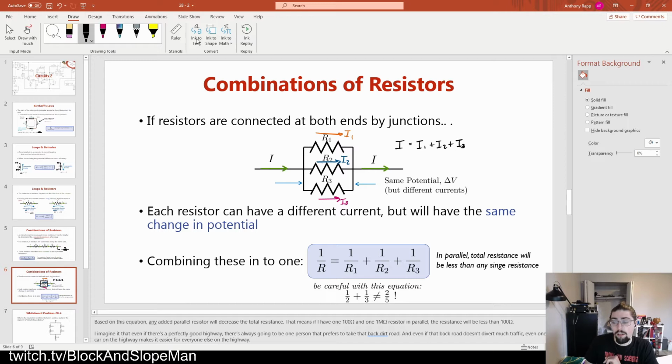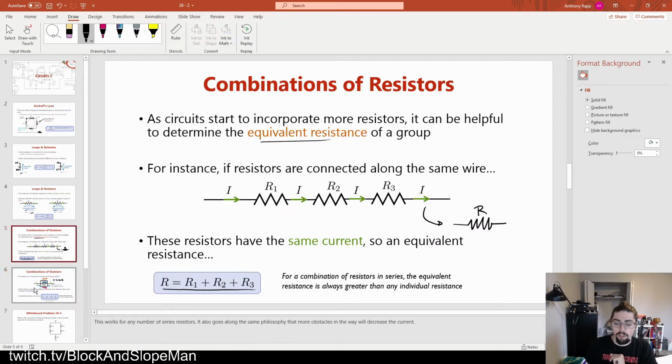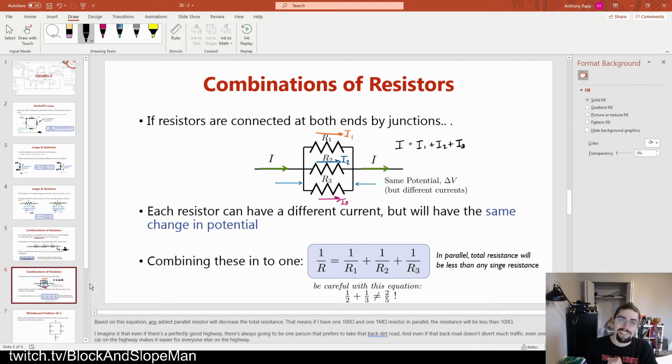So over this entire thing, whether it's 3 resistors or 1 resistor or 2 resistors, however many paths it branches into, the potential difference over that is going to be equal. The math to do this is a little bit more complicated. It's what we call reciprocal sum. So it's a little bit messy, right? You've got to do some inversions and some fractions and all that good stuff. So series is much nicer to deal with, but yeah, we can't win all of them.